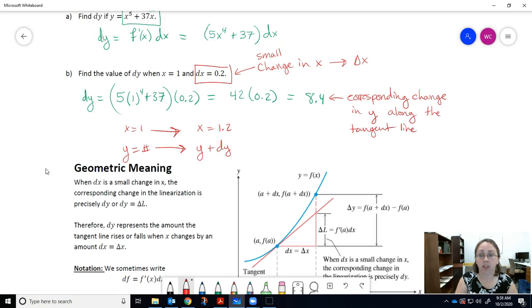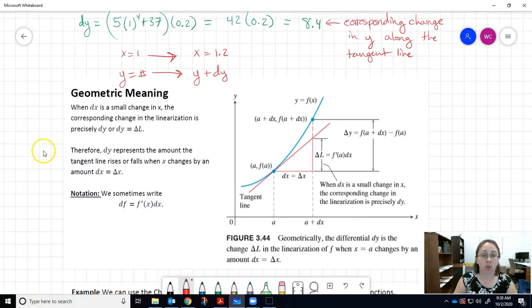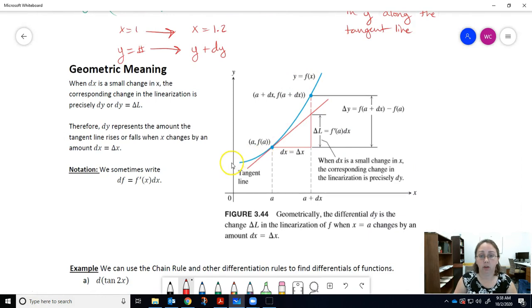So if I were to go to the picture here, remember f is the curve here. What we are talking about is this red tangent line right here. So we have our initial x, which in our problem was 1, and then we moved delta x over to 1.2. What impact did that have on our y value? Well, we had our y value right here, and when we find dy, that is how much change there is along the tangent line, not along the curve.